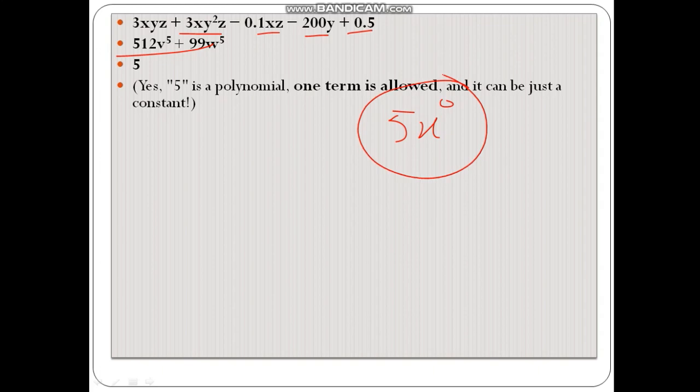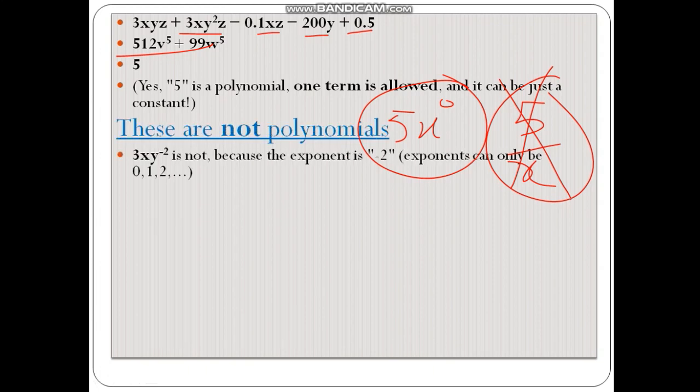The thing that is not a polynomial: if the variable is in the denominator, this is not a polynomial. Constant, variable, power, highest power, that raised to the power 5, these all are polynomials, but when the variable is in the denominator and infinite terms, it is not considered a polynomial.